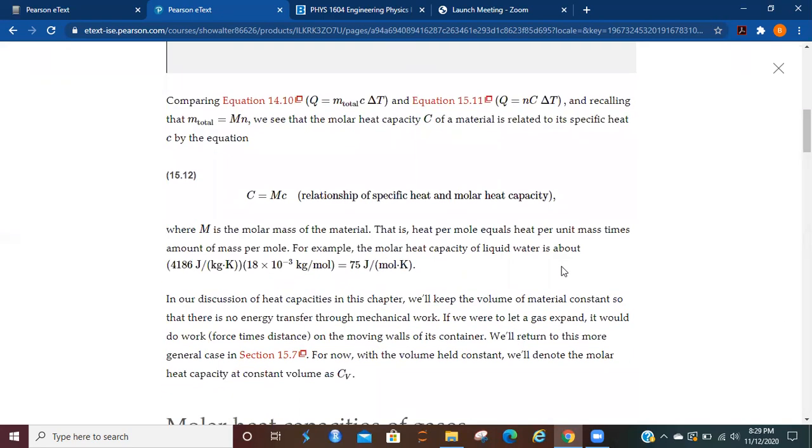So comparing this to this and recalling the relationship here, we can see that the molar heat capacity of a material is related to the specific heat by this relationship. So this is the relationship of specific heat and molar heat capacity.